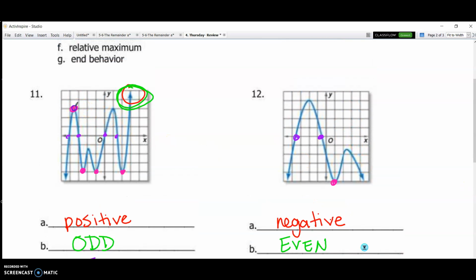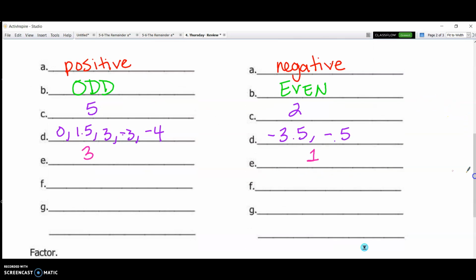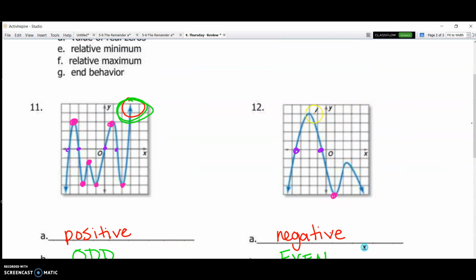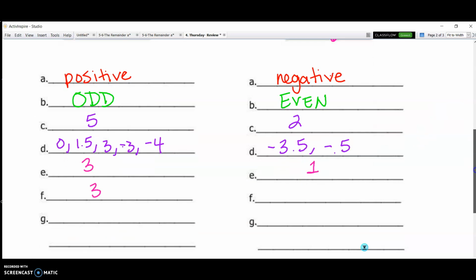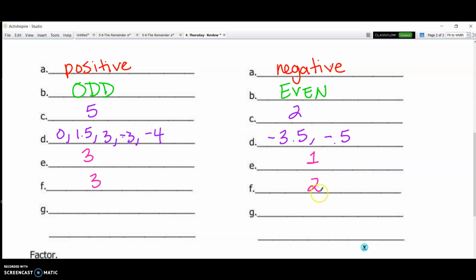So maximums, there's 1 here, 2, 3 here. And for the other graph, 1, 2. Top of every hill is a maximum, bottom is a minimum.